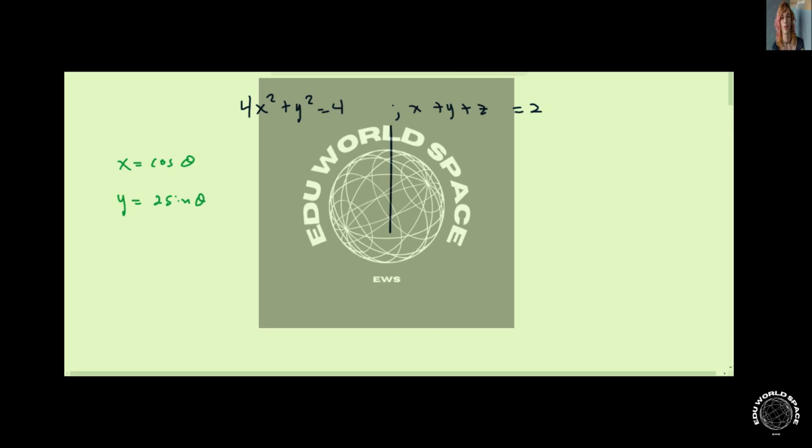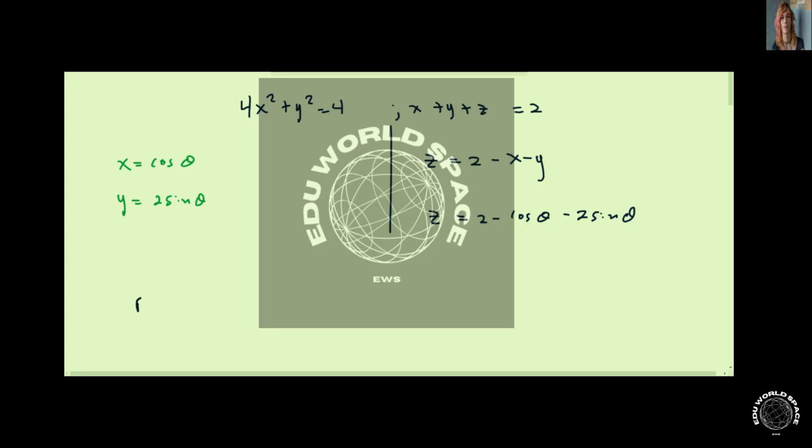So this should give us cosine theta plus, and actually I'm just going to subtract x and y over. I'll do that first. It would be z is equal to 2 minus x minus y. So then z is 2 minus cosine theta minus 2 sine theta.